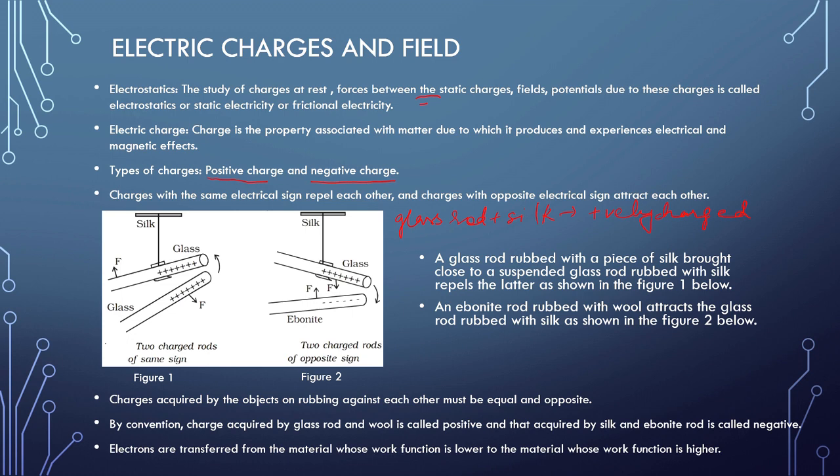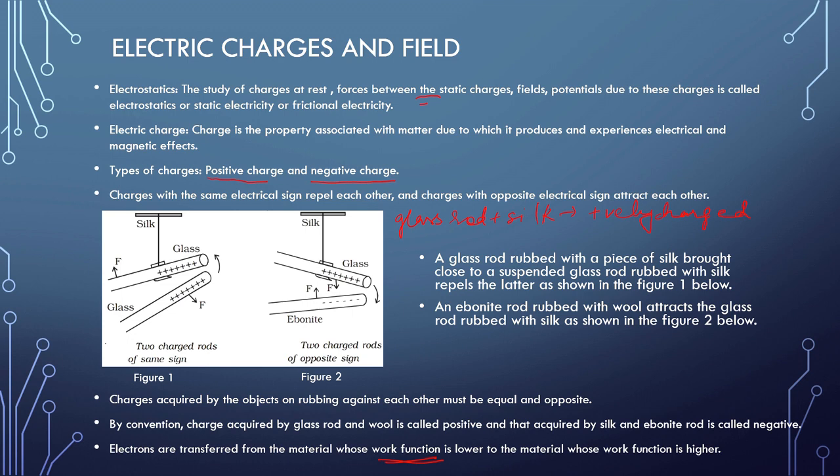It has a tendency to give away its electrons faster as compared to the silk cloth because of the term called work function. What is work function? Work function is the minimum energy required to remove electrons from the surface of the material so that it can overcome the restraining forces.